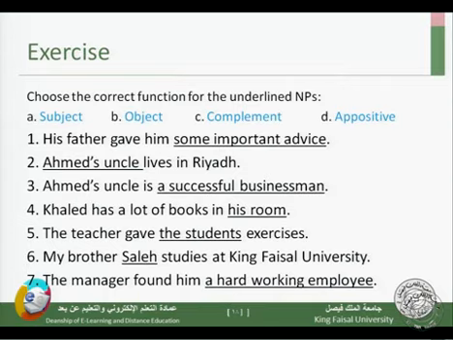So we have two nouns, and each of them is an argument of the verb gave. So he gave exercises to students. They are both objects of the verb gave. That means that the underlined noun phrase is an object.